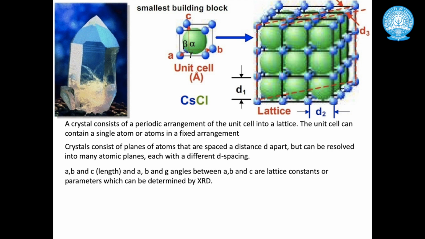How do we acquire an X-ray diffraction pattern? First, we need to crystallize the compound, and the crystals are mounted on a particular platform, and then X-rays are shone on the crystal and the diffraction pattern is recorded.